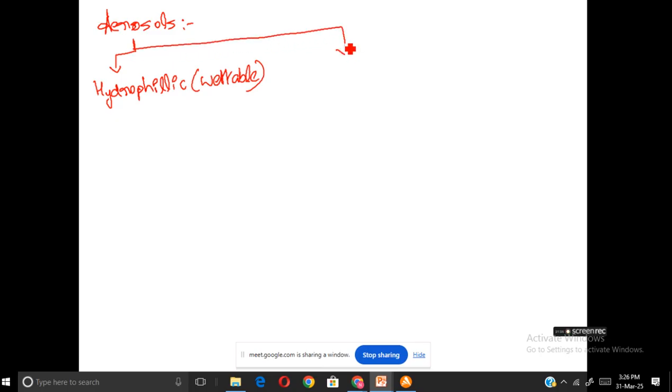Those particles that are wettable can serve as centers upon which water vapor condenses. So among these aerosols, there are particles which are hydrophilic or wettable, and there are particles which are hydrophobic or unwettable.